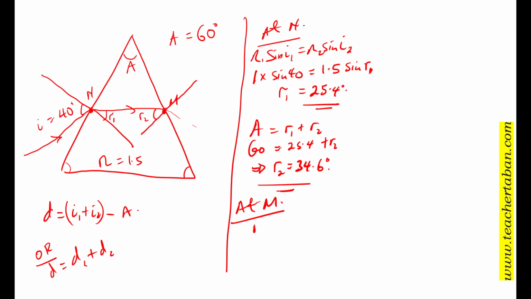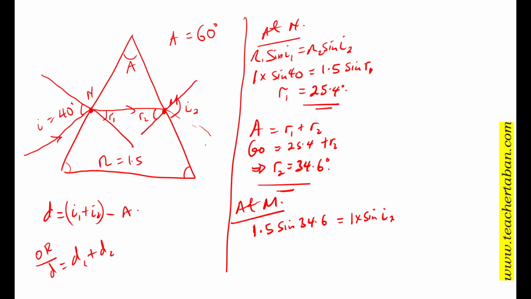So once we get this, then at M, we shall also say that applying Snell's law, we shall have 1.5 sine of 34.6 equals the refractive index of air, which is 1, times the sine of the angle of incidence in air, which we shall call I2. In case you get an answer, then it means that the ray was going into air.